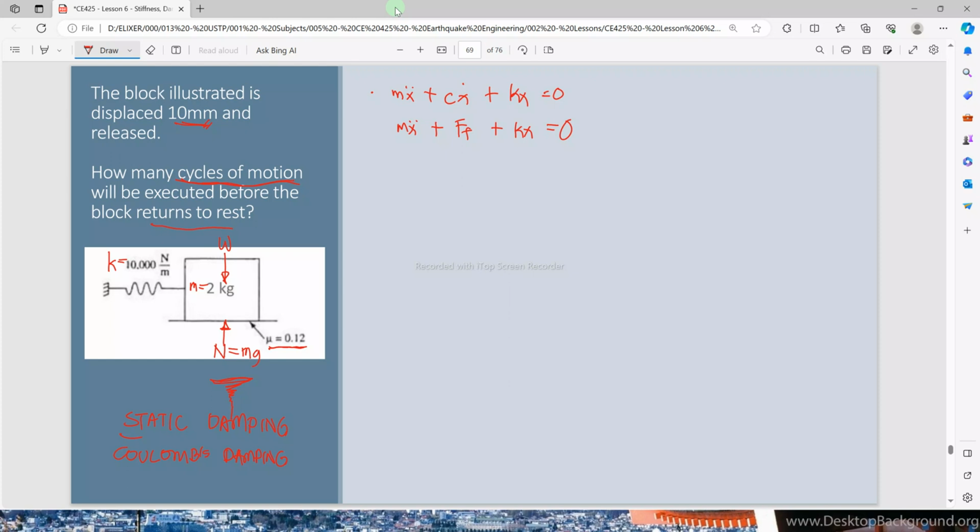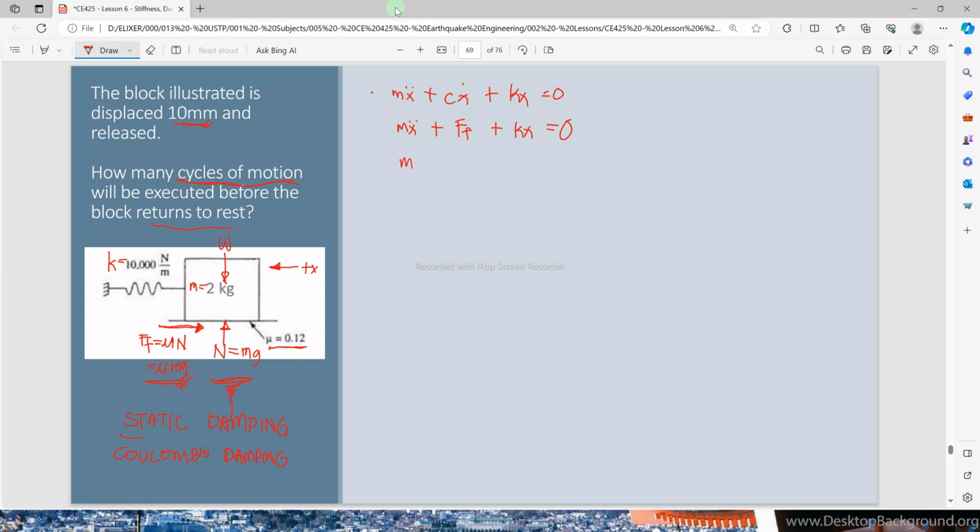Now, if this block is displaced along this way, this is our positive x, and the friction will oppose that motion. So we have our frictional force here, equal to mu N, or simply mu mg.